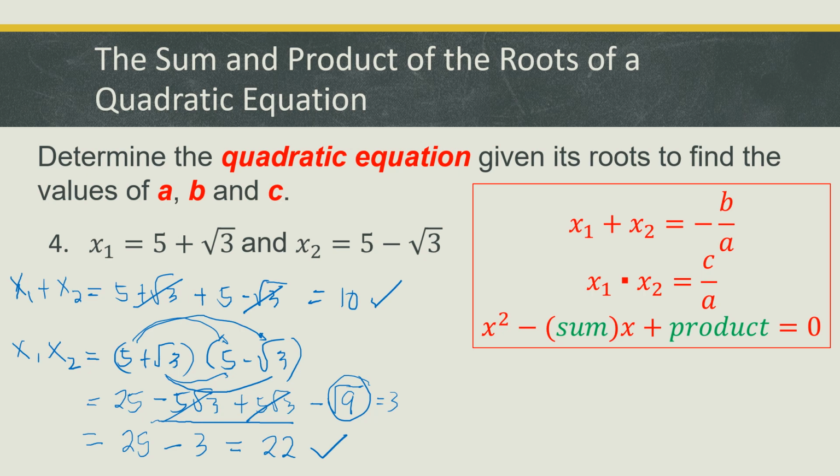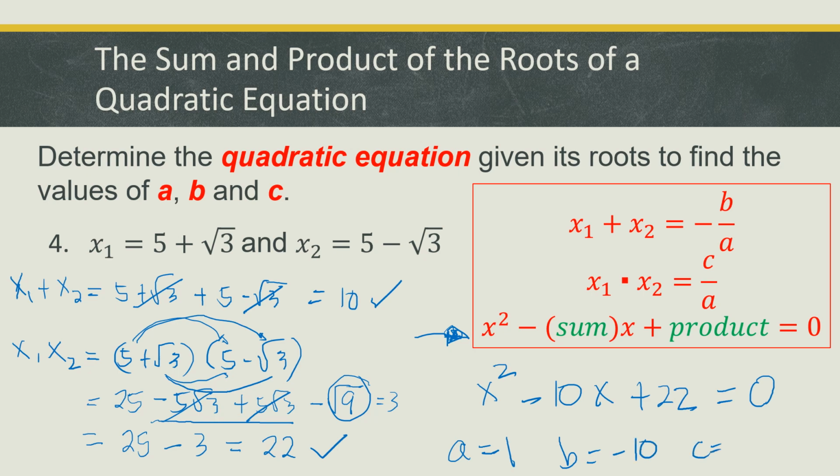So let us substitute it for us to have the quadratic equation. X squared. Let us add the sum or subtract the sum of the roots, which is 10x, and add the product of the roots, which is 22, is equal to 0. So there, we can now have a value, which is 1, b value, which is negative 10, and the c value, which is 22.